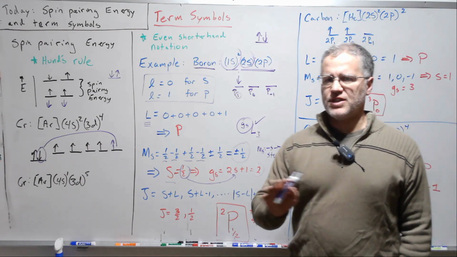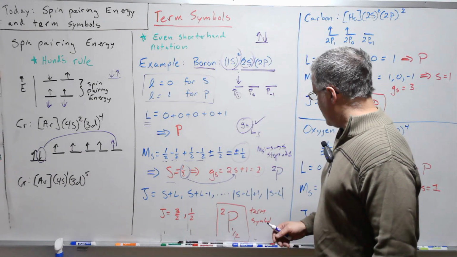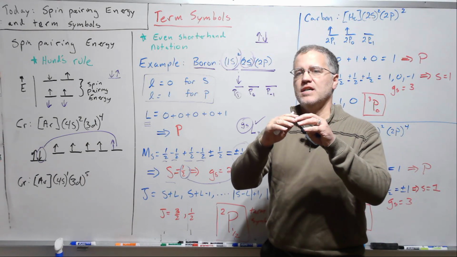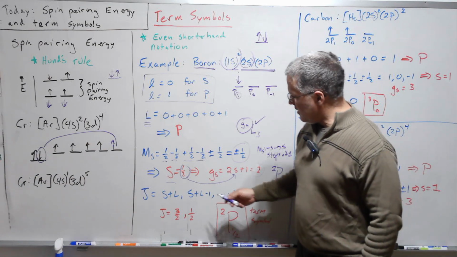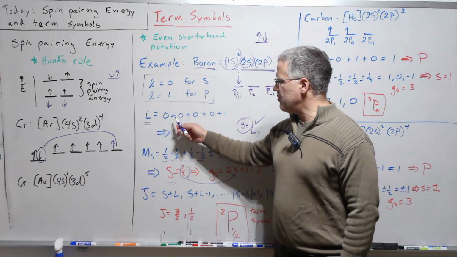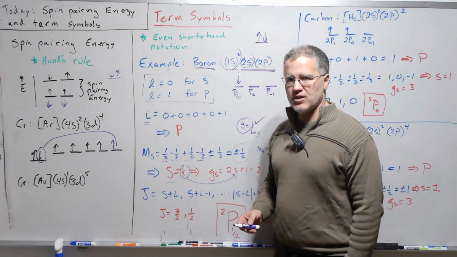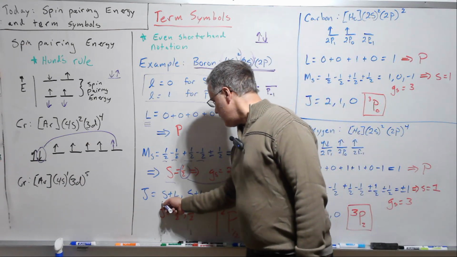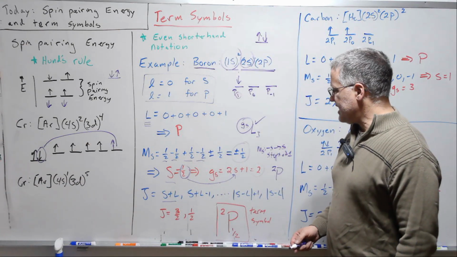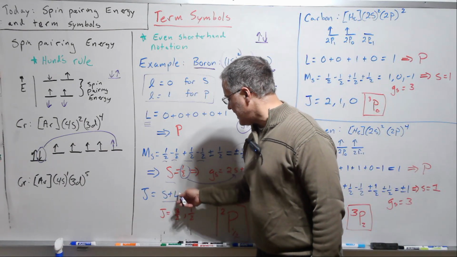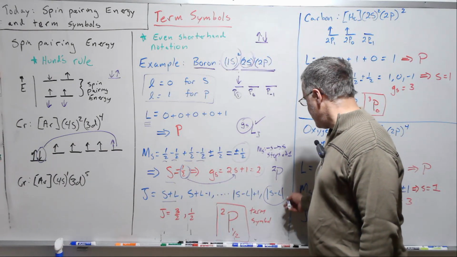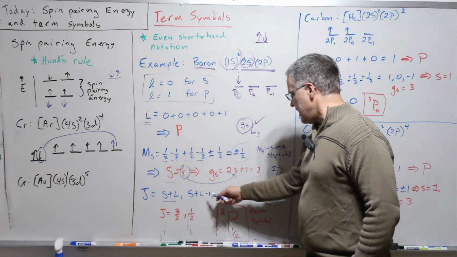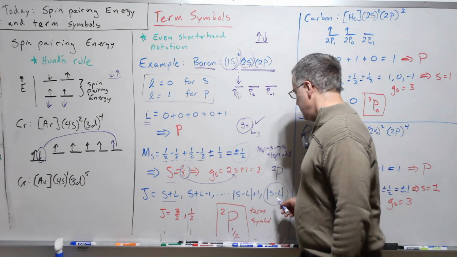Now, sometimes people just leave this as the term symbol, but there's often a bunch of states that are very close in energy due to the coupling of the spatial angular momentum and the spin angular momentum. The total angular momentum, J, then can take on values which are the vector sums of S and L. So they can add together constructively all the way down to adding opposite of one another destructively, and then in steps of 1 from here to there.